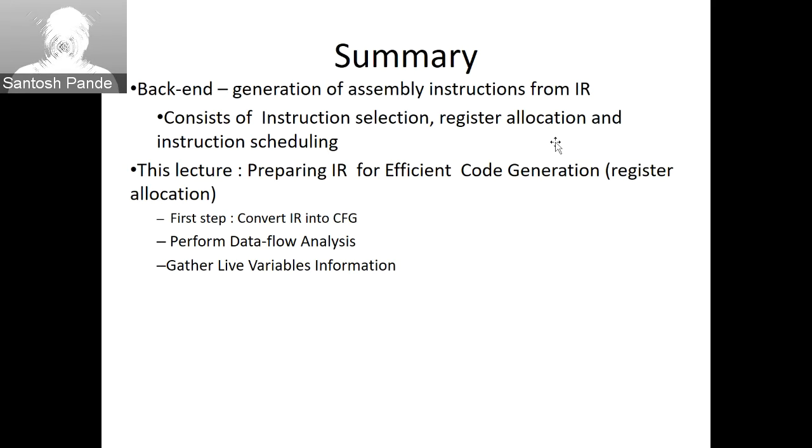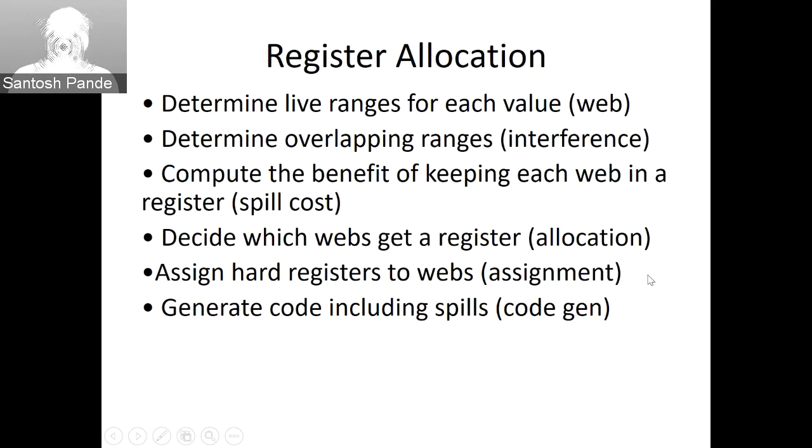So let's go back to this overall algorithm which we had looked at. We looked at how to determine live ranges, then how to determine the webs from there. The webs must also interfere in the definition point of one web.